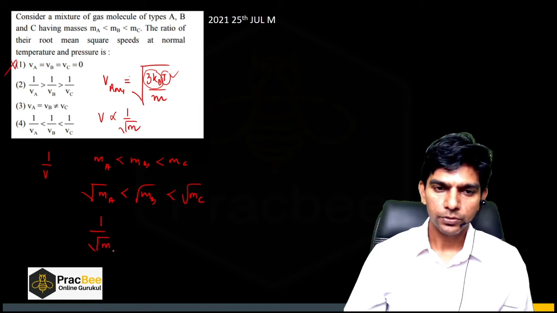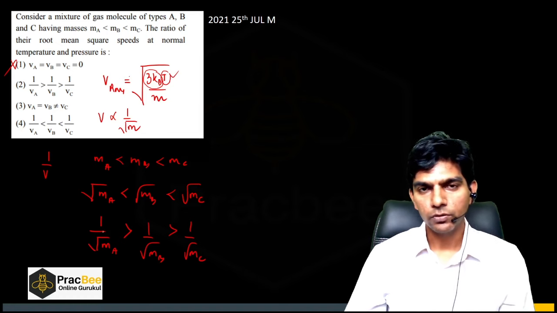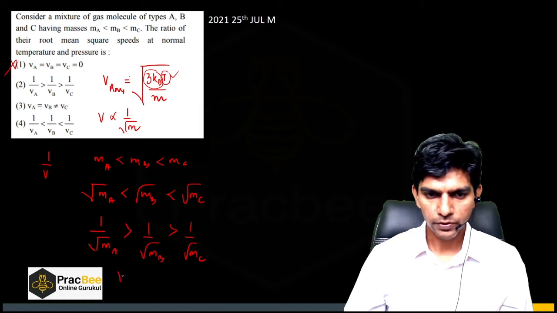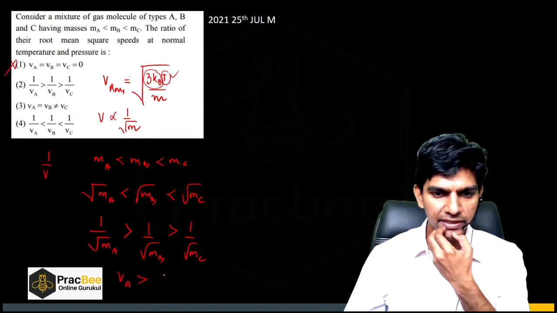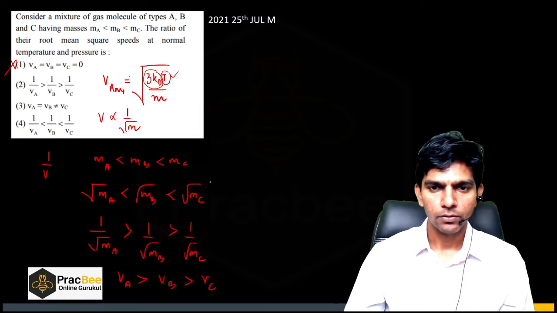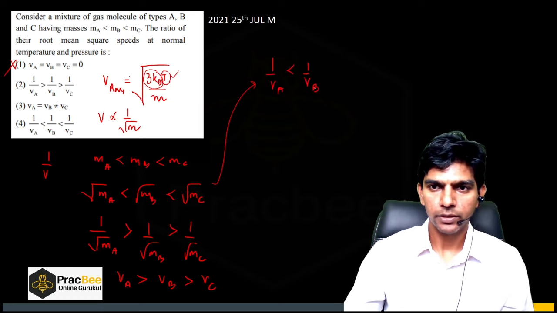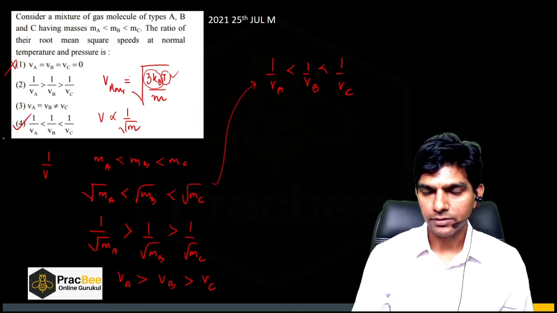So 1 upon root MA is greater than 1 upon root MB is greater than 1 upon root MC. And we know that RMS velocity is proportional to 1 upon root M. So we can say VA will be greater than VB will be greater than VC. Or from this relation, we can say 1 by VA will be less than 1 by VB will be less than 1 by VC. So option 4 is the right answer.